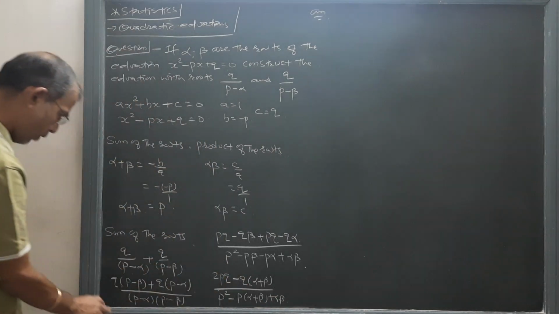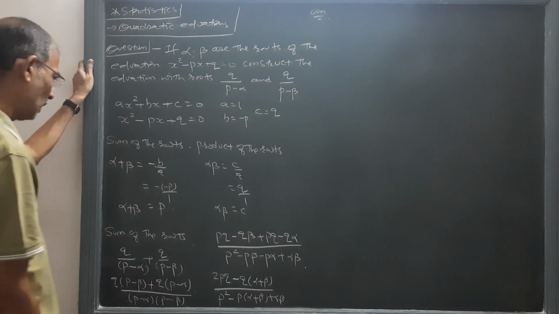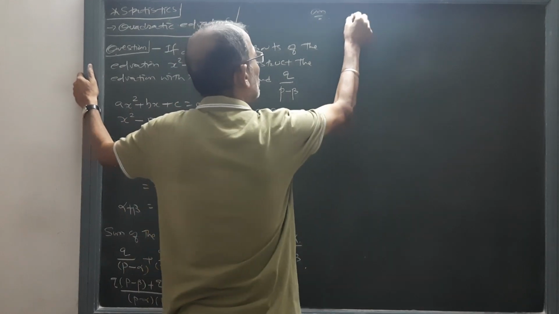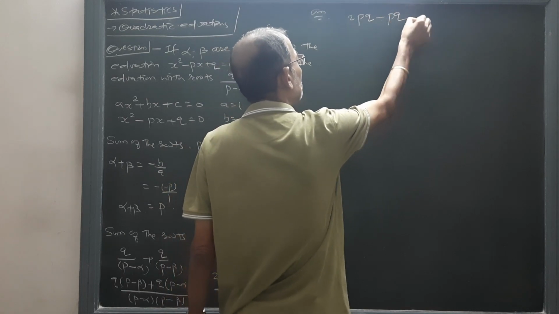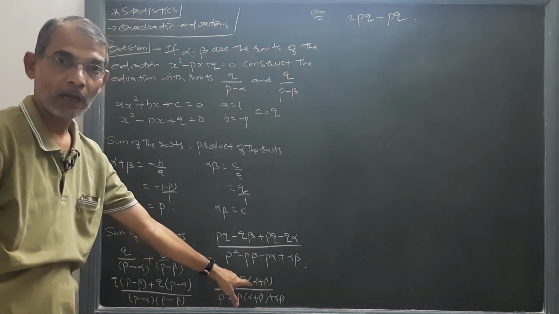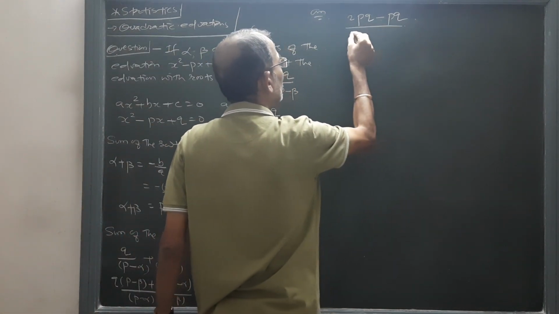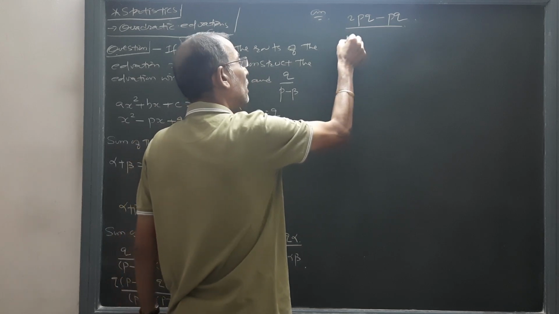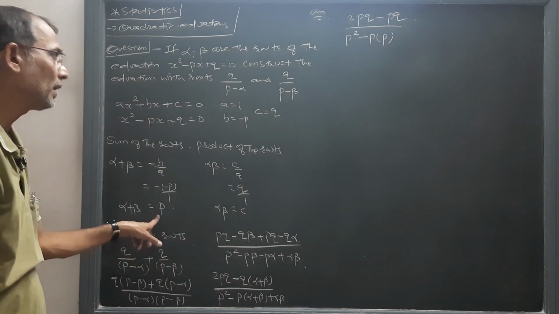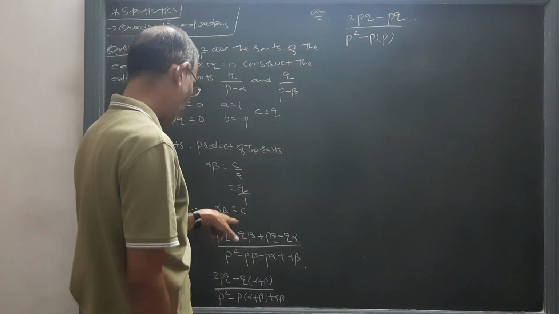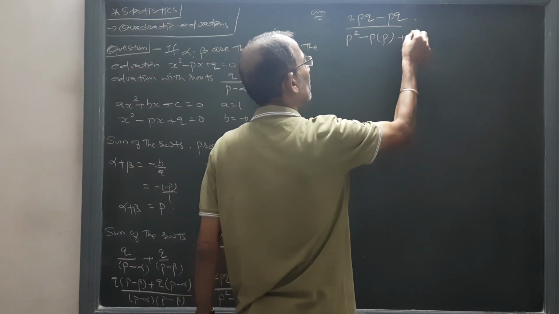Now you can see the value of alpha plus beta is p, so this will become 2pq minus pq. I replace alpha plus beta with p, and at the denominator that will be p square minus p, the value of alpha plus beta is p, and the value of alpha beta is q, so this will become plus q.